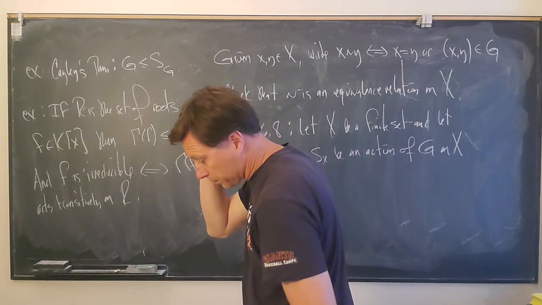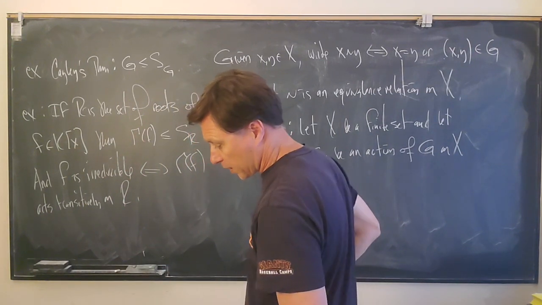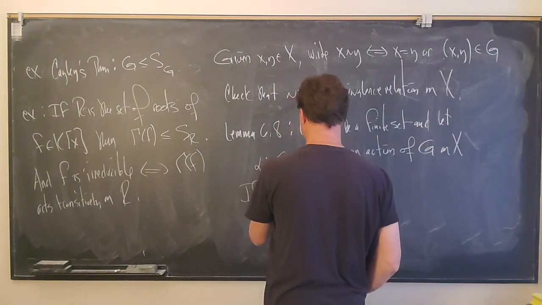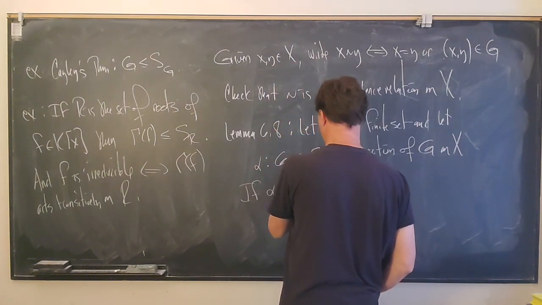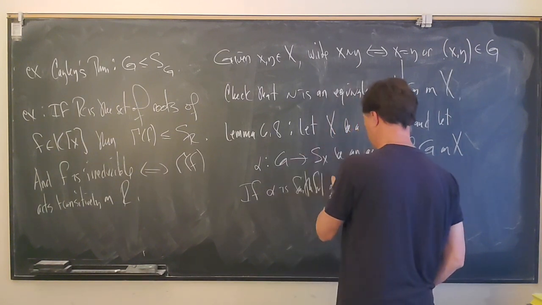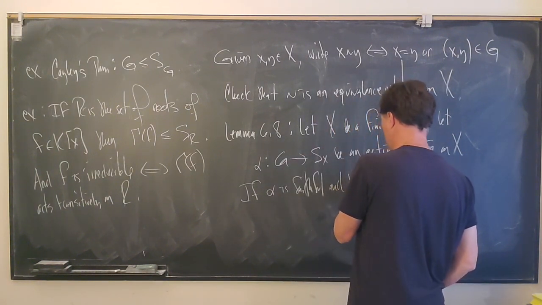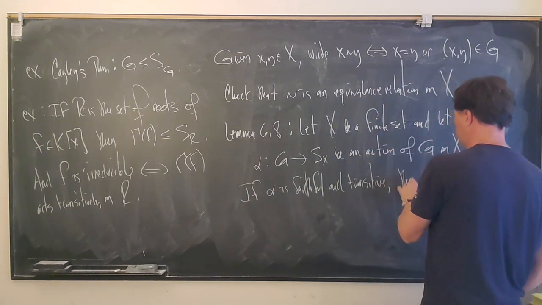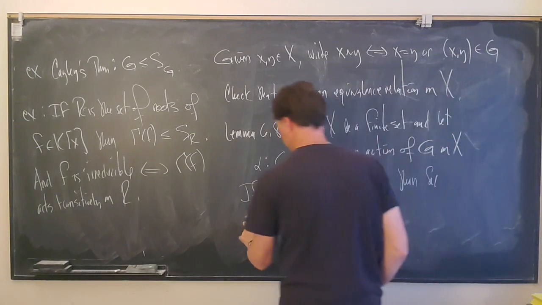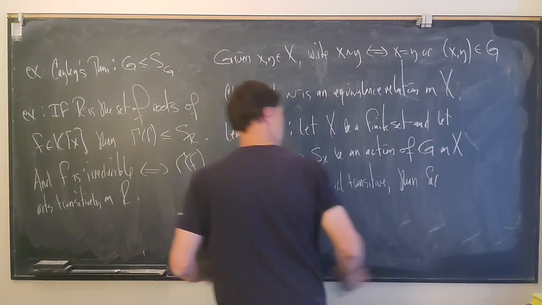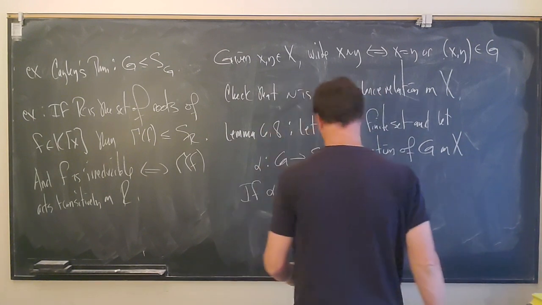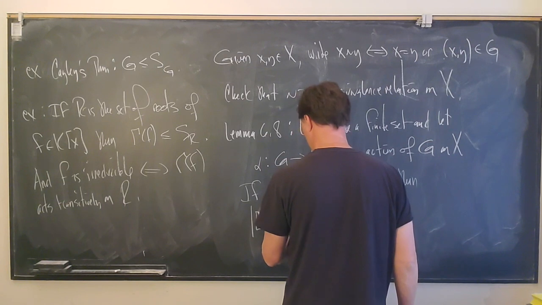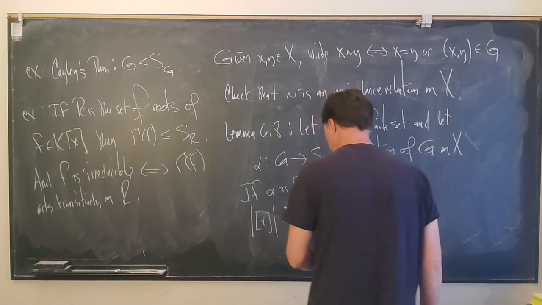Okay, so then we'll say if alpha is faithful and transitive, then the cardinality of any two equivalence classes are equal.